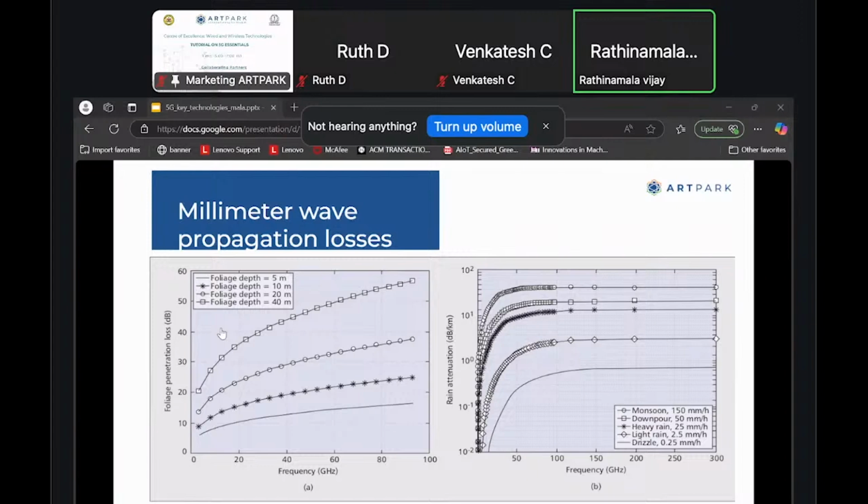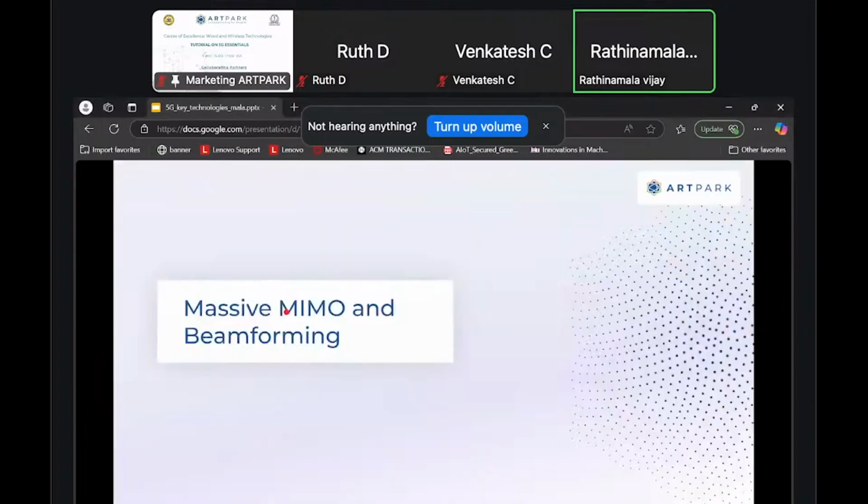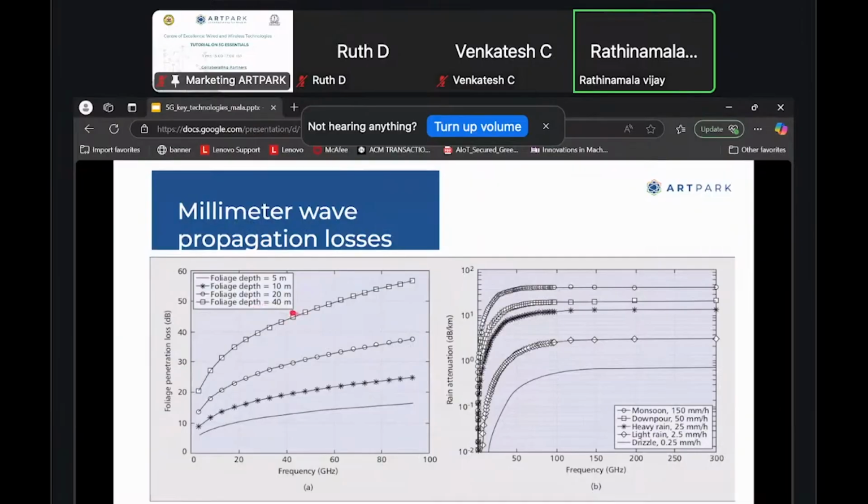You can see that when the foliage depth is 40 meters, that is the square markers, if we look at 77 gigahertz, the loss is around 55 dB. But when we move to 24 or 28 gigahertz, the loss is much lower compared to 77 gigahertz.